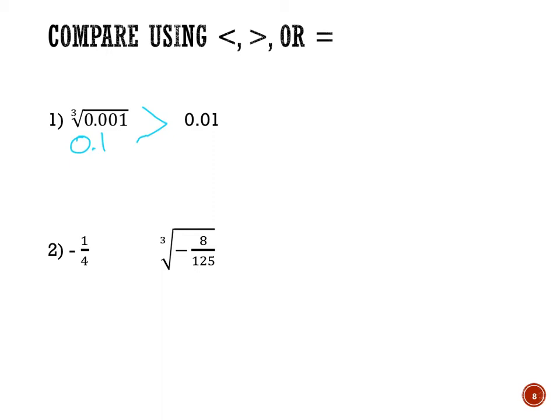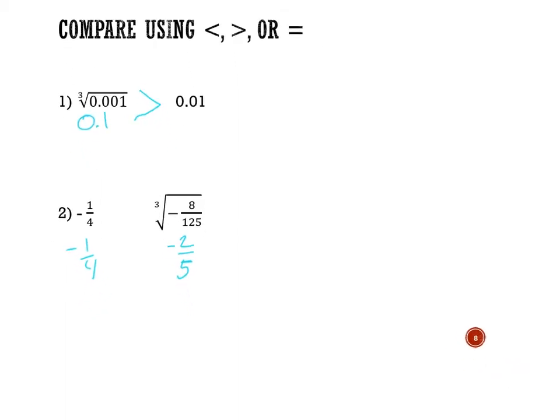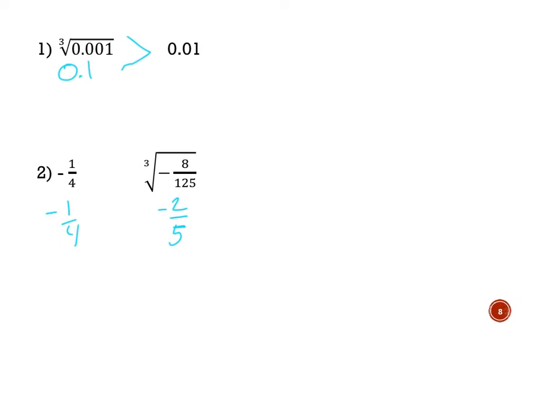Number two, negative 1/4 is greater than, less than, or equal to the cube root of negative 8 over 125. The first thing we need to figure out is what the cube root of negative 8 over 125 is, which would be negative 2/5. So now I have negative 1/4 and negative 2/5. I'm going to take these to a decimal to make it easier to compare.